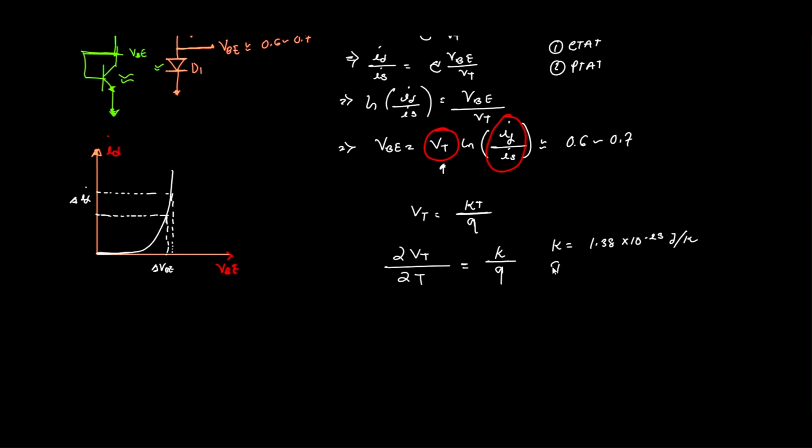Also the q is 1.6 times 10 to the power minus 19 Coulomb.